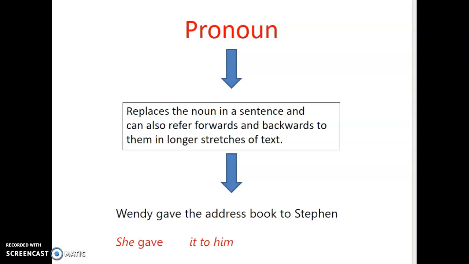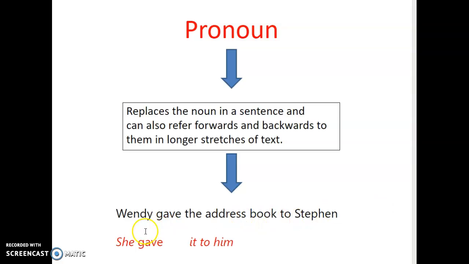So for example, we've got underneath here the sentence, Wendy gave the address book to Stephen. Now in this sentence, Wendy is the subject, okay, because she is carrying out the action. And Stephen becomes the object because he is what is being affected in this sentence.